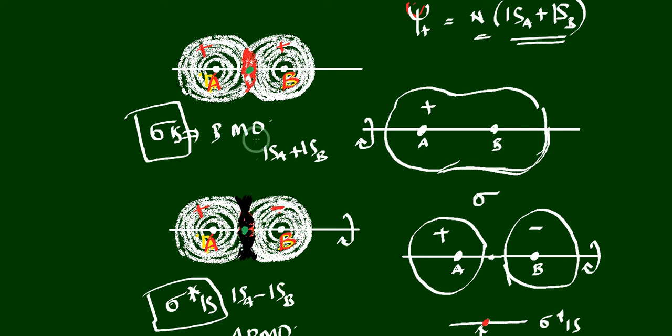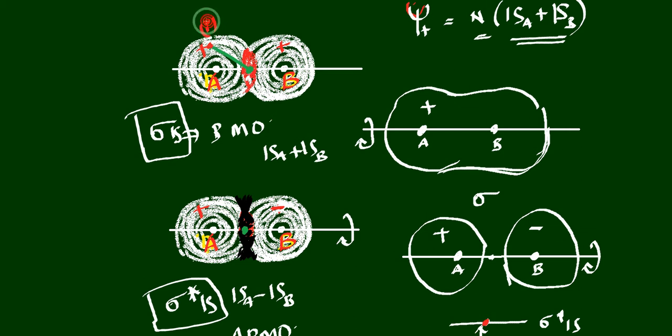If I draw a line from here to any part of this orbital, let me draw this line to here, it reaches this point. Let me call this point 1.